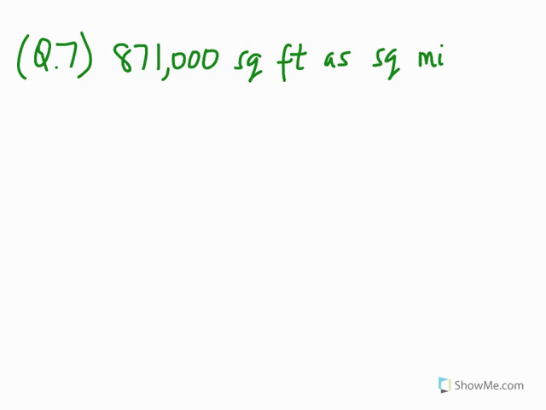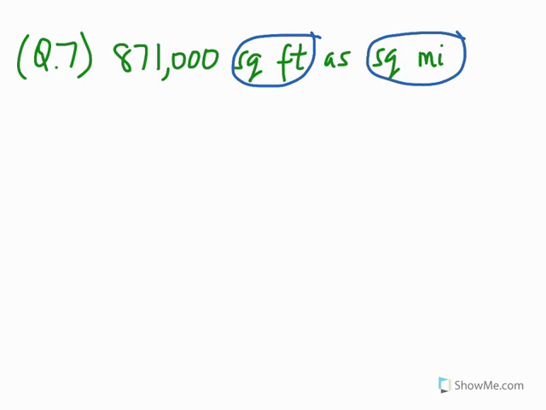Question 7. 871,000 square feet are square miles. Let's read the question again. 871,000 square feet are square miles. Now, we check these two here. Look at your table right away.